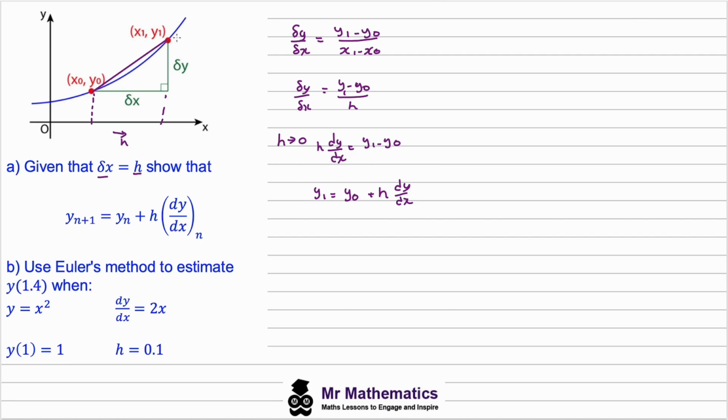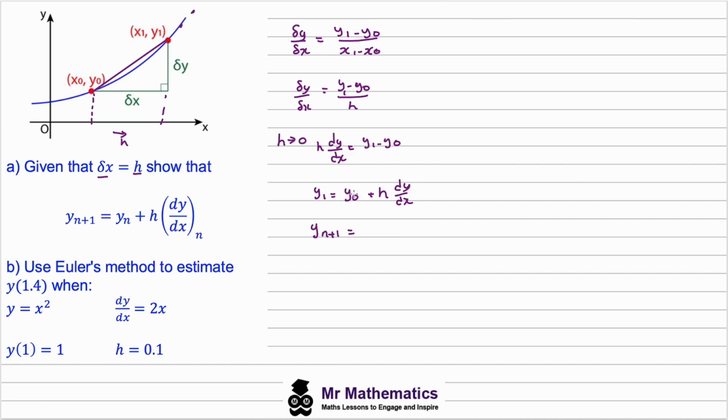But what if we wanted to work out a different y value? For instance, this one or the one up here. Well, we can work out y2 and y3 using an iteration formula. So we can think of y1 as being our next y value, so y(n+1).